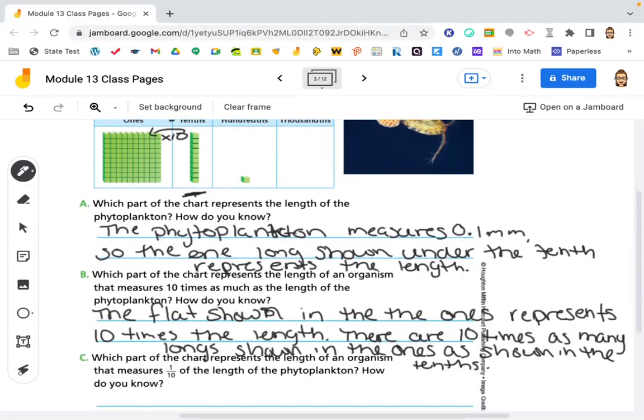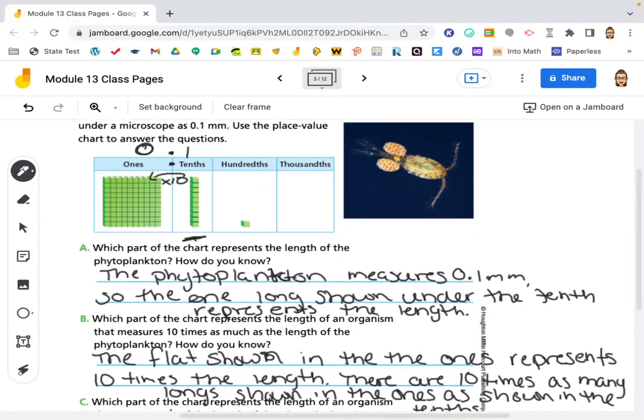Which part of the chart represents the length of an organism that measures 1/10 of the length of the phytoplankton? How do you know? Well, if the place value to the left is 10 times greater, then the place value to the right is 1/10.